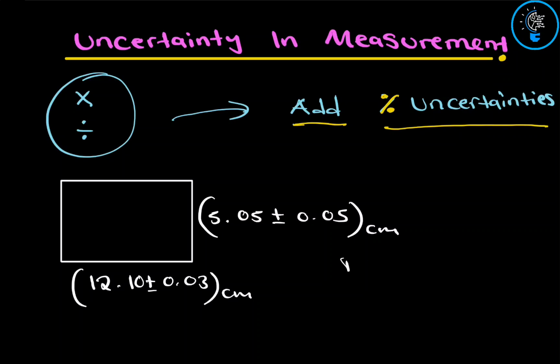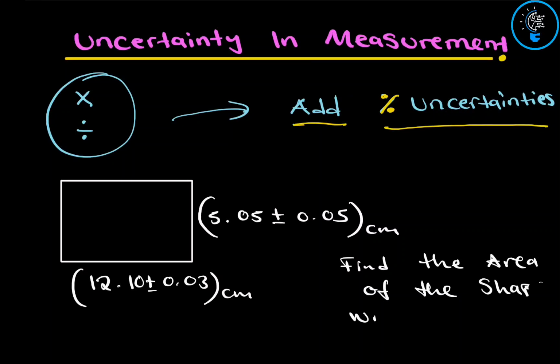And the question states, find the area of the shape with uncertainty. So we need to consider uncertainty. How do you go about a question like this one?